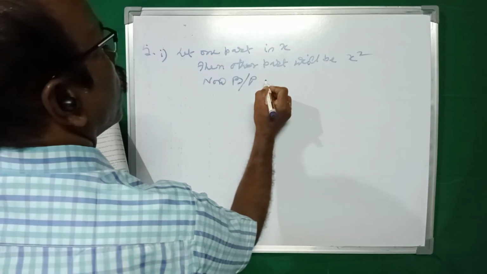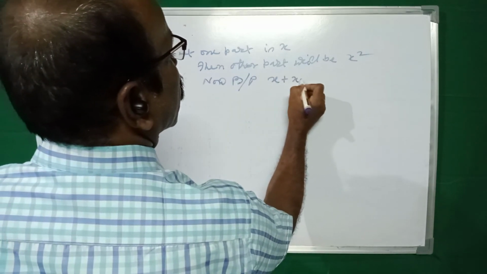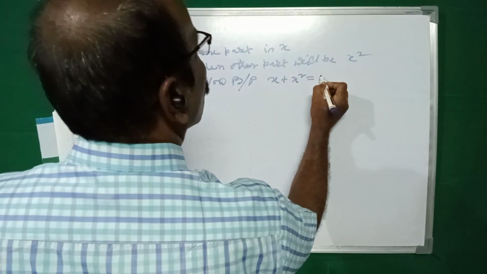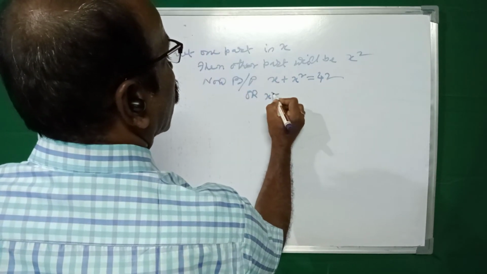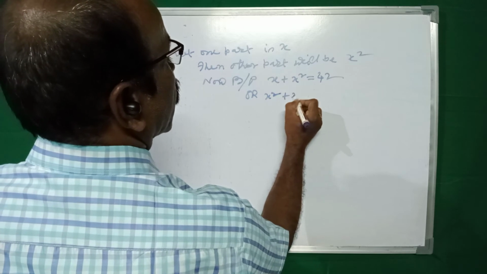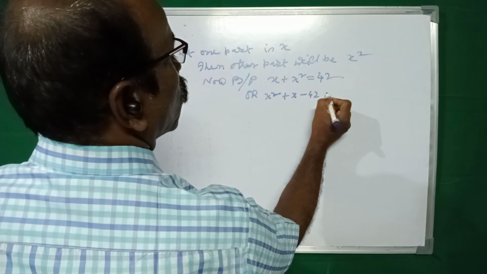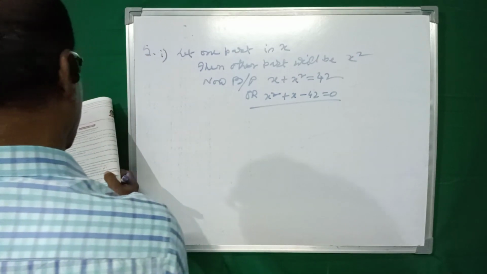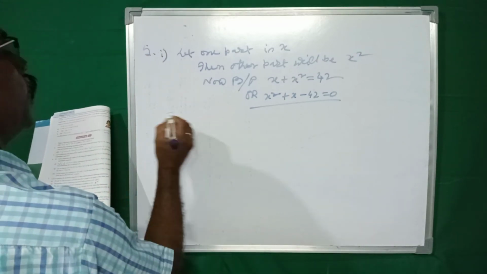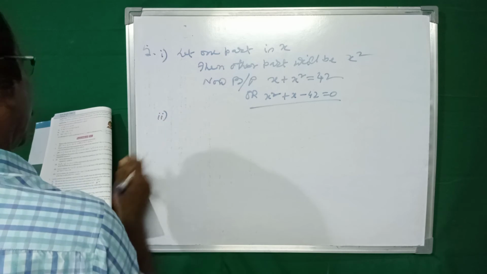By the problem, x plus x square is equal to 42, or x square plus x minus 42 is equal to 0. This will be the quadratic equation.